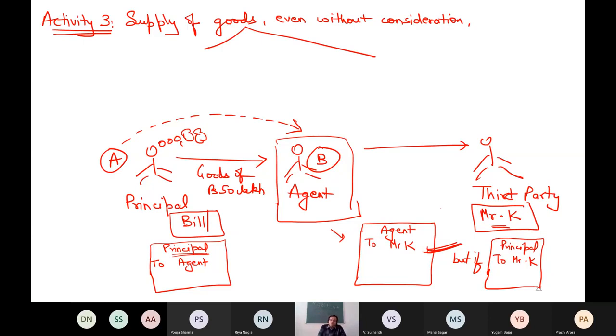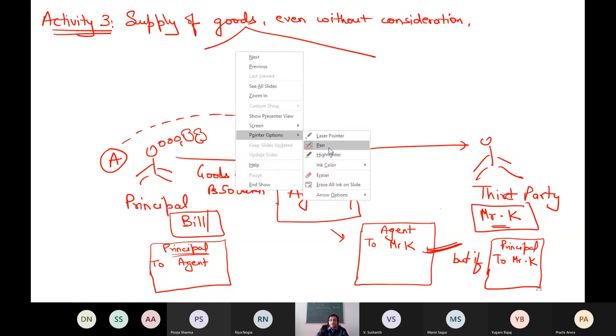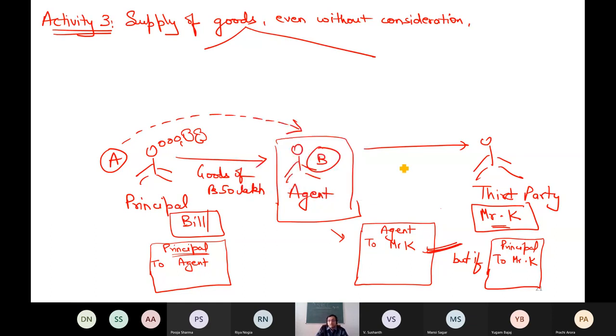So this is necessary to check. Whenever any supply of goods happens from principal to agent, where the agent further undertakes to supply the goods on behalf of his principal, then technically there are two chains happening here. First, the goods are supplied from principal to agent.